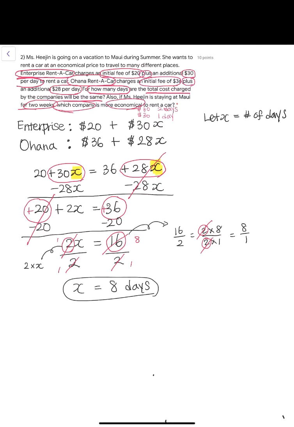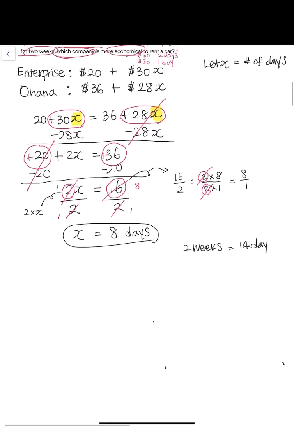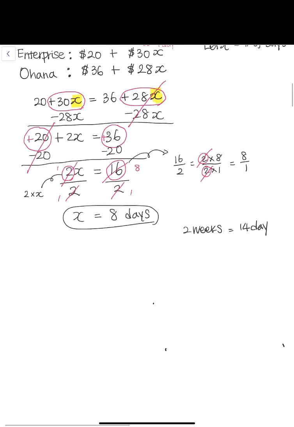It says Ms. Heejin is staying in Maui for 2 weeks. 2 weeks is 14 days, because our unit is days, not weeks. So we're going to stay with days. We know that 14 days is 2 weeks, so we're going to substitute into this equation.